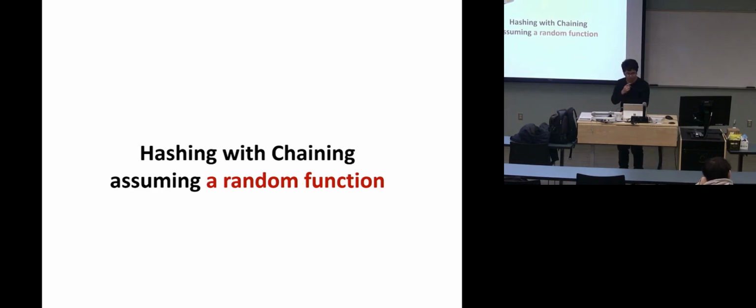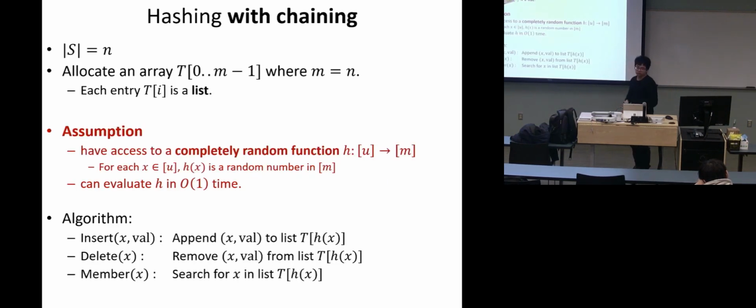So we're gonna solve this using hashing with chaining, and the algorithm is simple. Suppose that you have n keys. Now instead of allocating an array of size u, I'm just gonna allocate an array of size n. M is n. But now each entry in the array is a list.